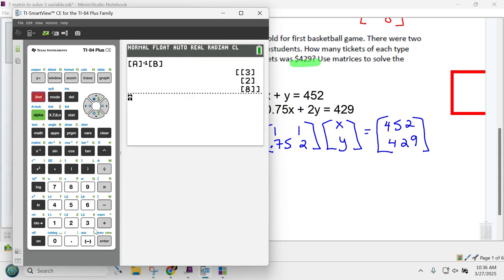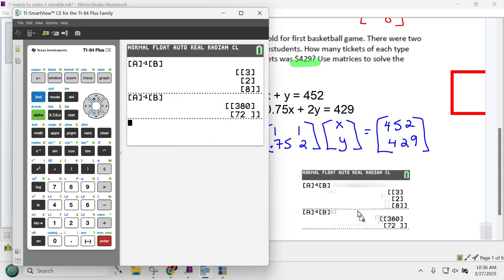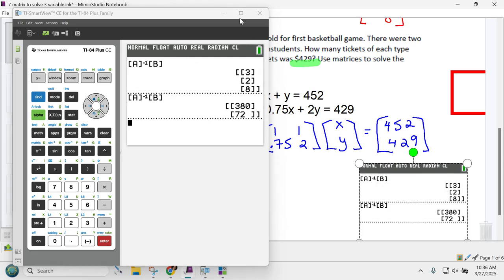If I do second enter, now this new equation references my new matrix A inverse and B, and I get my answers.